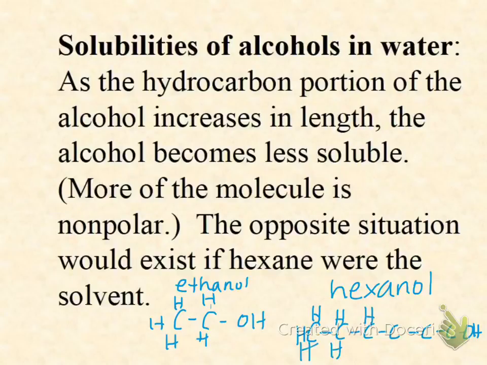As you see, as that chain got longer, because the majority of that chain is now nonpolar, it will become less soluble in water and more soluble, let's say, if hexane were the solvent. So the longer the chain of the alcohol, the less soluble it is in water.